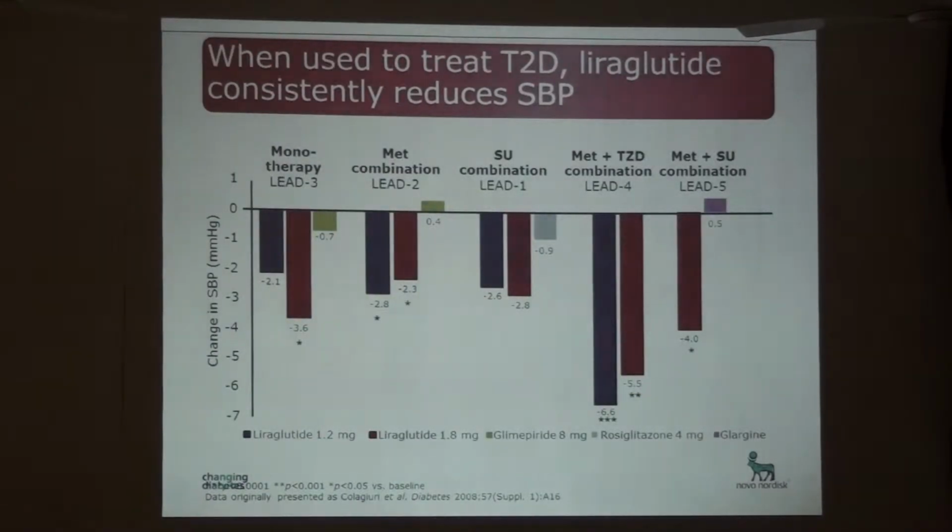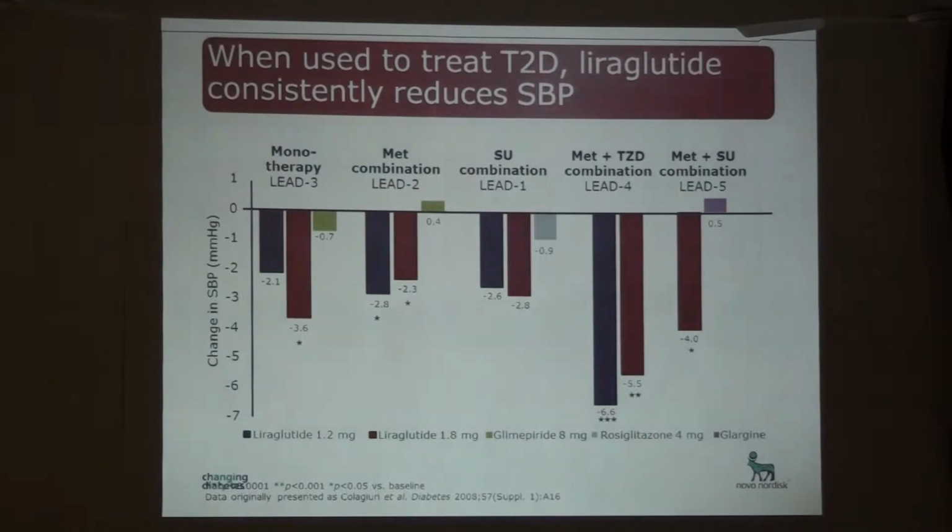Next, coming on to the blood pressure. Consistently across all lead studies, liraglutide has shown to reduce systolic blood pressure quite significantly. Up to 3.6 millimeters of mercury in one, 2.8, 2.8, 6.6 in combination with metformin and thiazolidine.